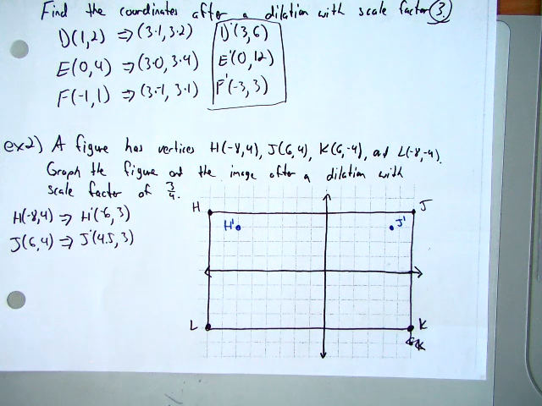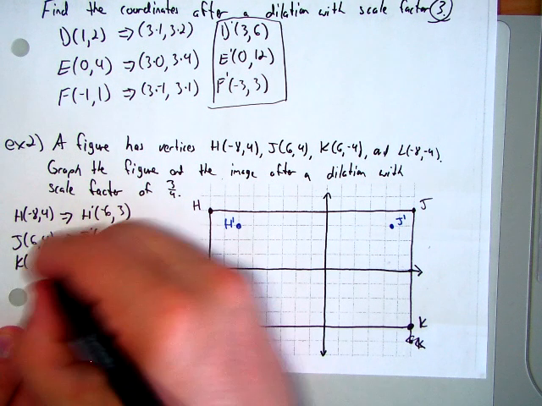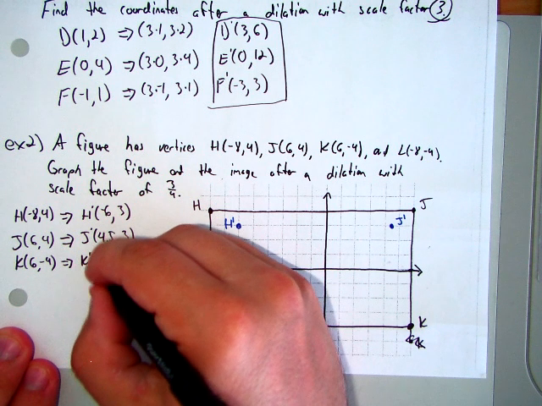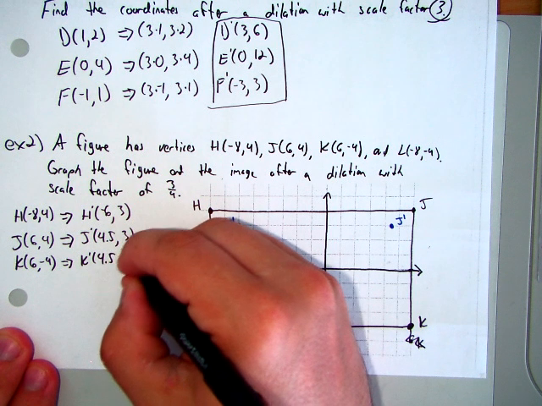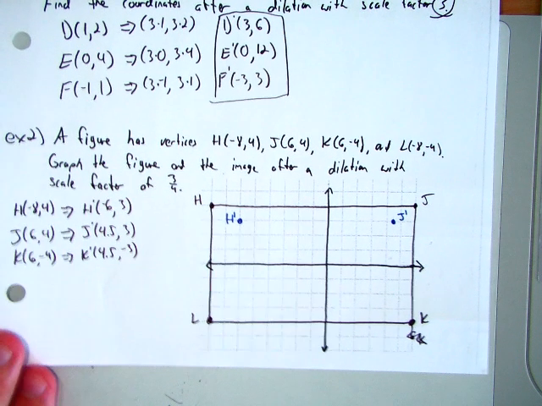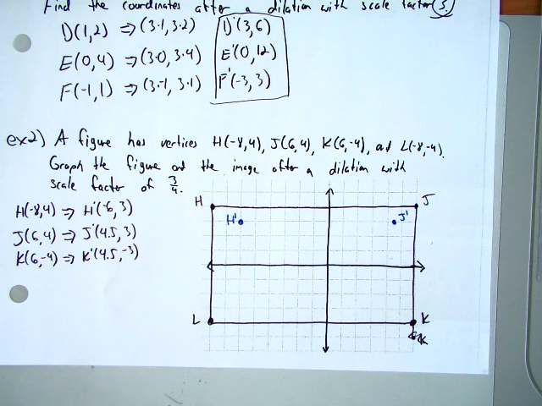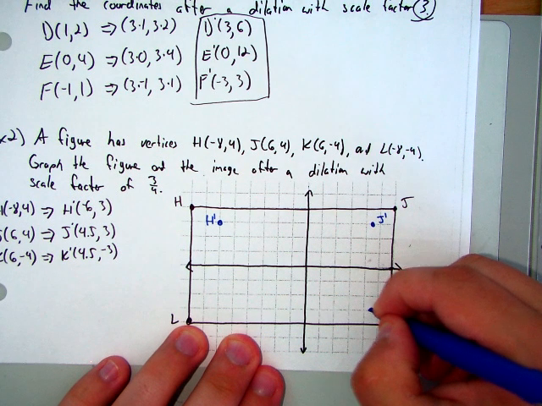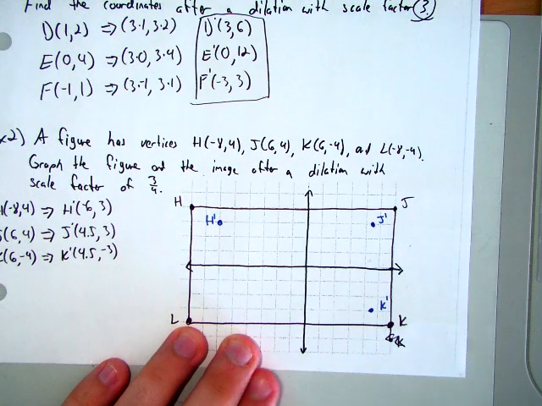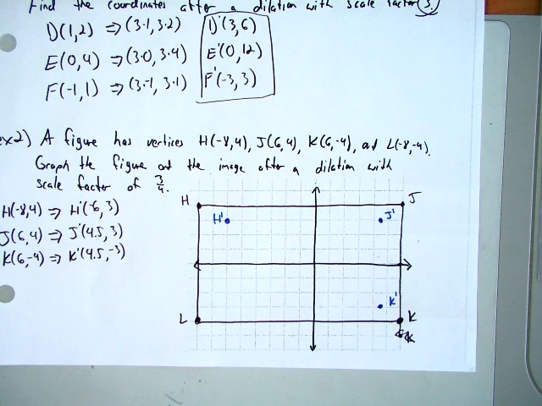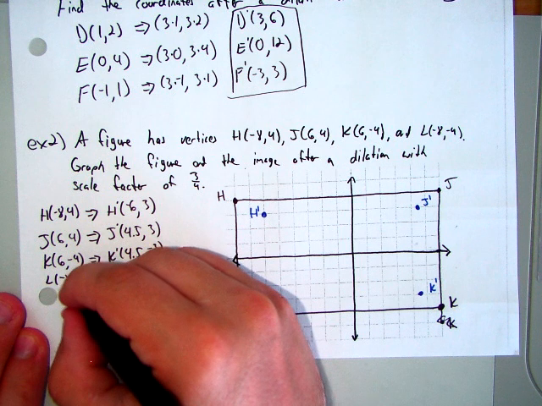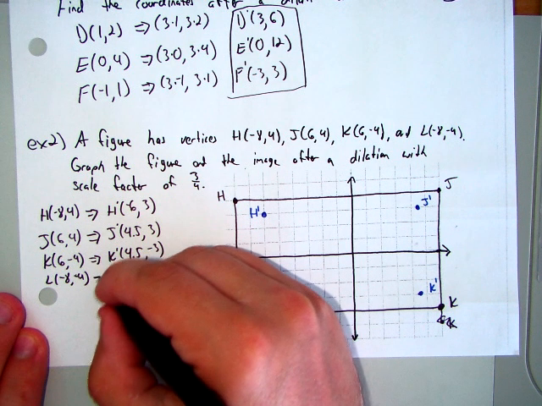K prime. So K was at 6, negative 4, which means that K prime will be at 4.5, negative 3. So K prime would be at 4.5, negative 3, right here, and that's K prime. And then L prime. So L was at negative 8, negative 4.